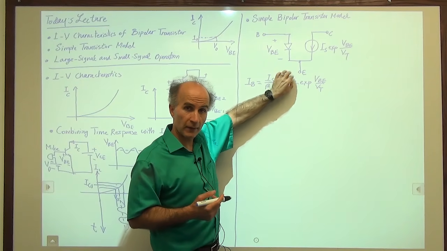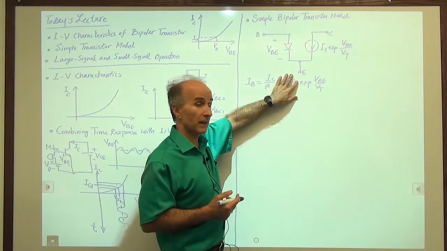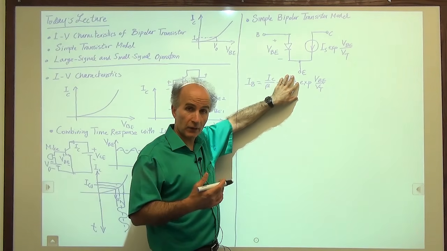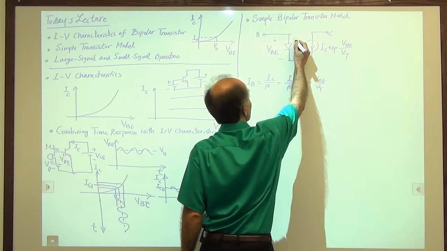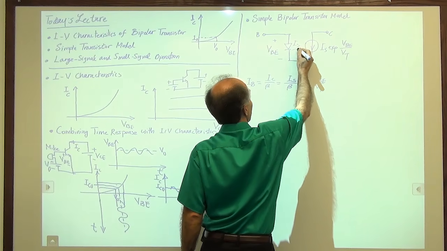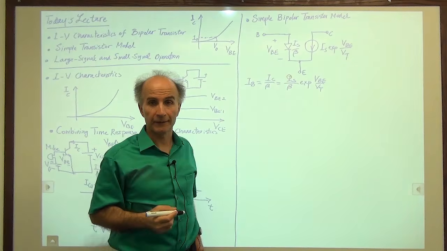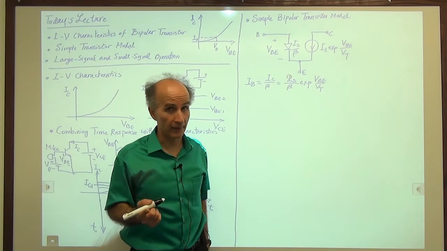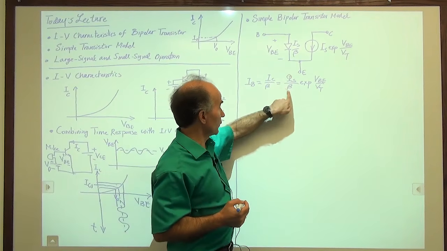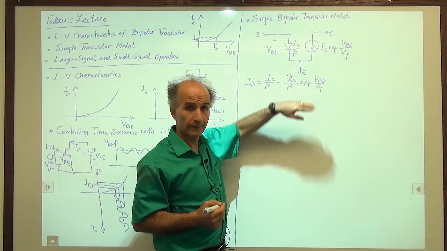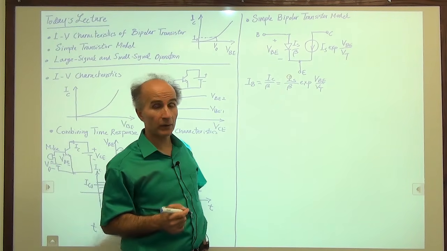The equation for a diode says reverse saturation current times the exponential. It just happens that this has a reverse saturation current equal to IS over beta. So we'll just sometimes write it here, not all the time, to remember that the reverse saturation current of this guy is IS over beta, not IS, because the base current has to be this much, not this much. All right, so that is a more complete model.